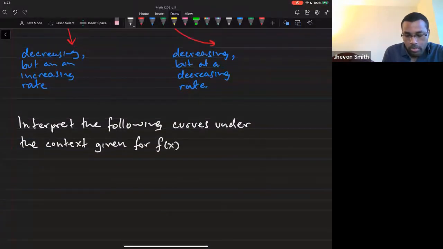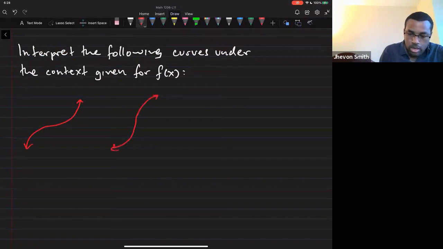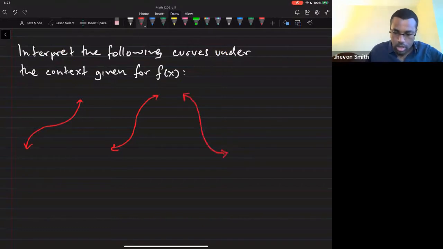for f of x, what you'd realize is that, all right, if I'm looking at this versus this versus this, that was super vertical. That's not great. Versus this versus this, right?